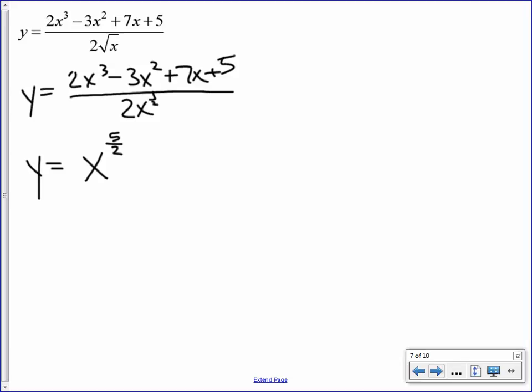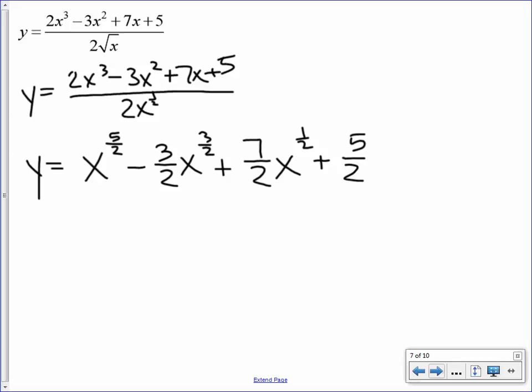Minus 3 divided by 2 times x to the 3, plus 7/2 times x to the positive 1/2, right? X over x to the 1/2. And then plus 5/2 x to the negative 1/2.